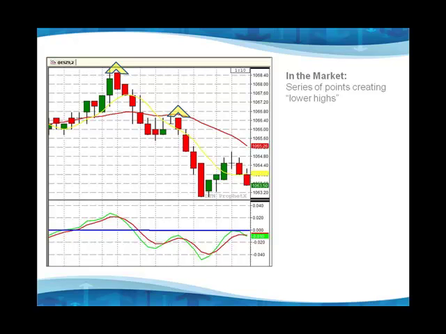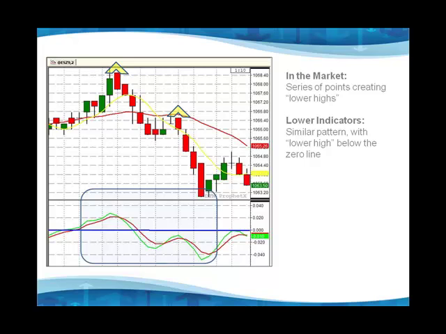Now the key then is to look at what's happening at our lower indicators in this chart when you see this pattern. This pattern happens a lot, but you want to couple it with what our lower indicators are doing to identify a strong trend confirmation. Similar pattern with a lower high below the 0 line.